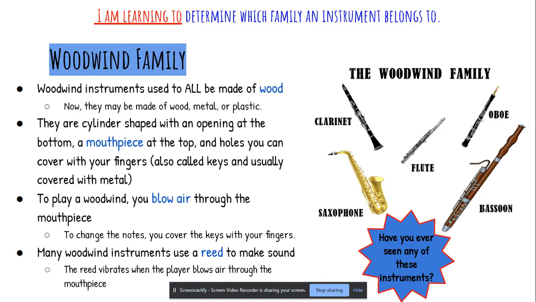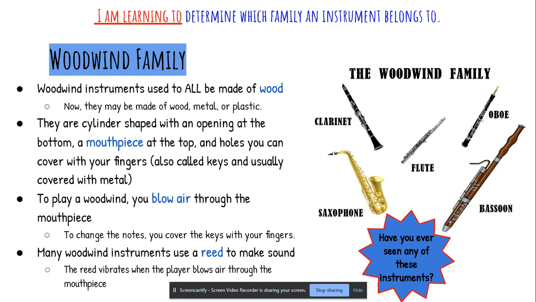Woodwind family. The woodwind family used to be made of, guess what? All wood. But over time, they created new instruments and they wanted to make different sounds. So they now may be made of wood, metal, or plastic.